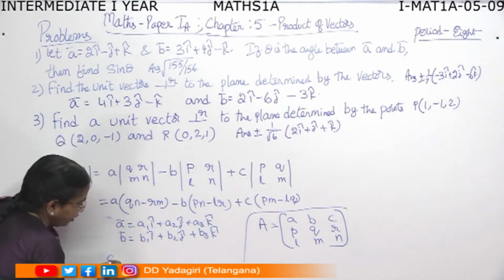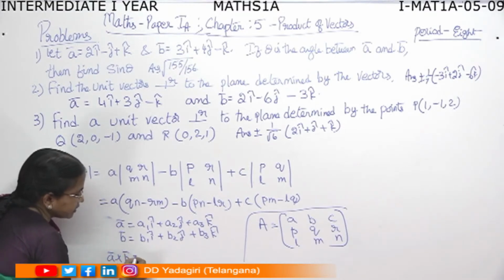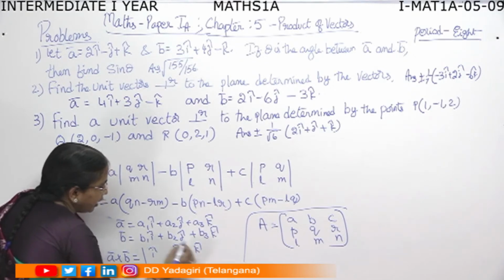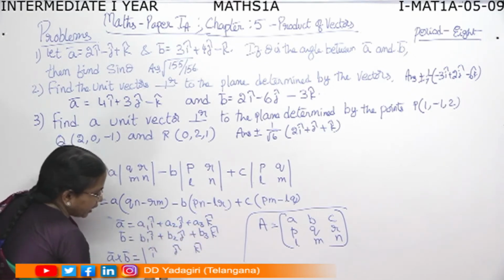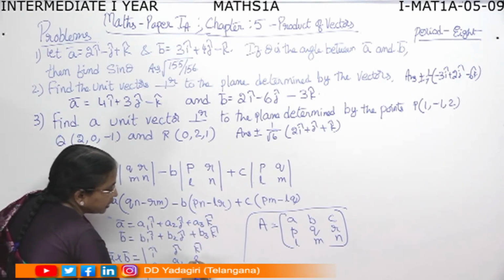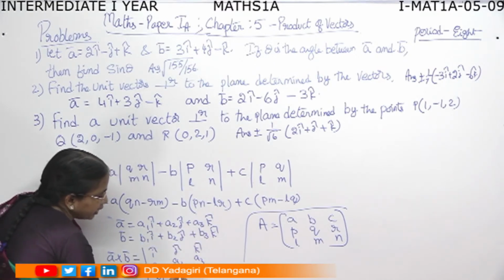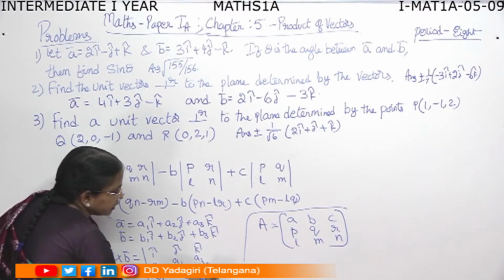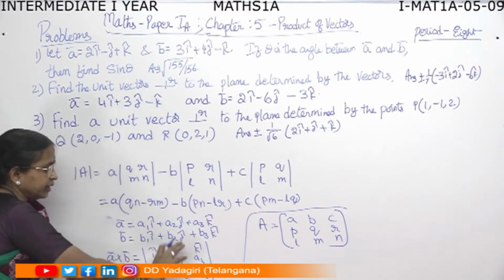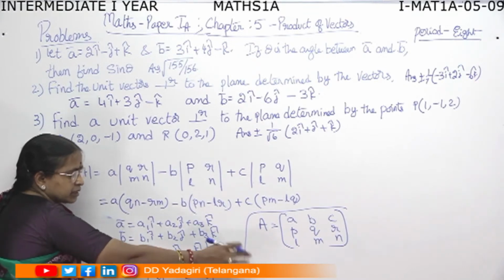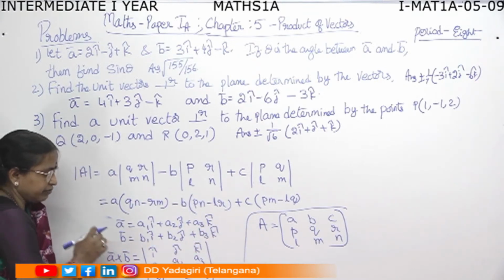Then we already proved that A cross B is equal to the determinant of i, j, k, then A1, A2, A3, the coefficients, then again B1, B2, B3. So it is the determinant of this. Now find the determinant by this method. So you will get some expression, that is the A cross B vector.